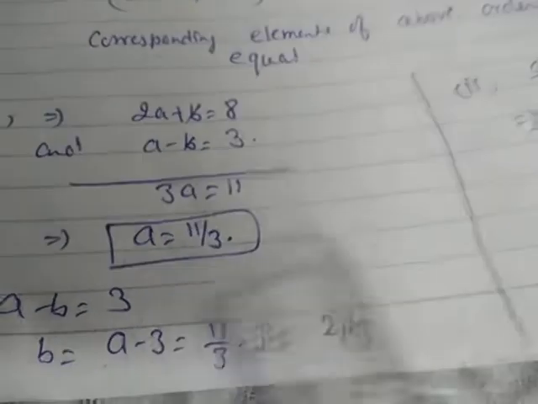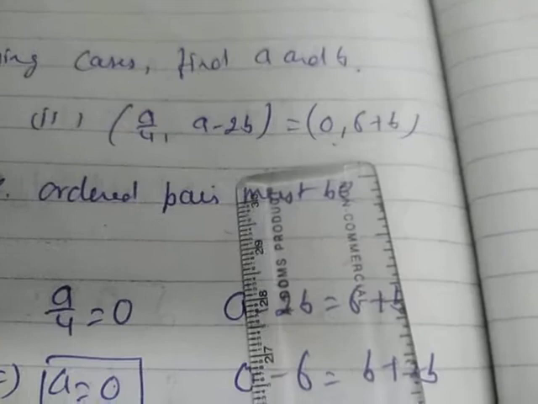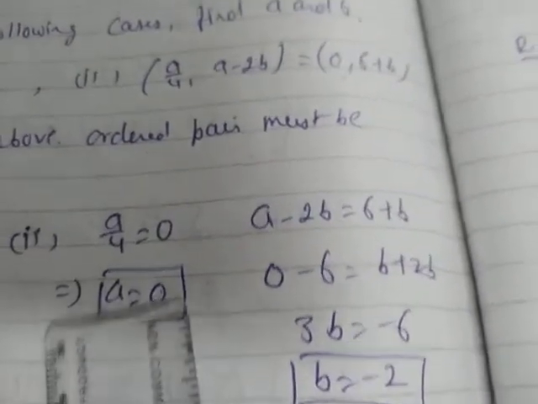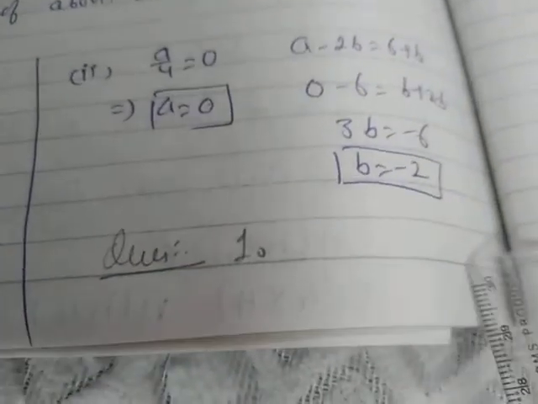When you solve them, you will get a and b. And the second one is (a/4, a - 2b) = (0, 6 + b). Then a/4 = 0, so a = 0, and a - 2b = 6 + b. Solve this equation and you will get the values of a and b.